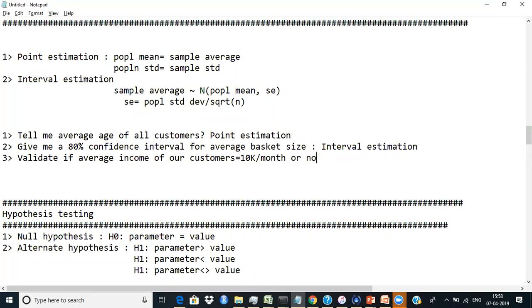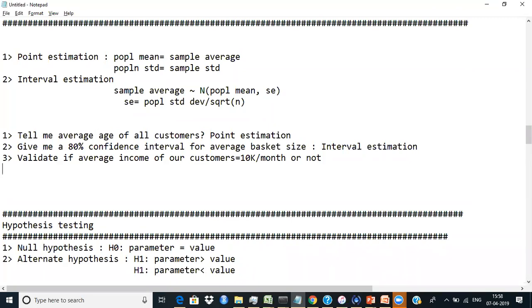In this case, what will be my alternate? Not equal to, right? But if the business wants to test if average income is greater than 10K, your null hypothesis will still be average equal to 10K, but the alternate becomes average greater than 10K.